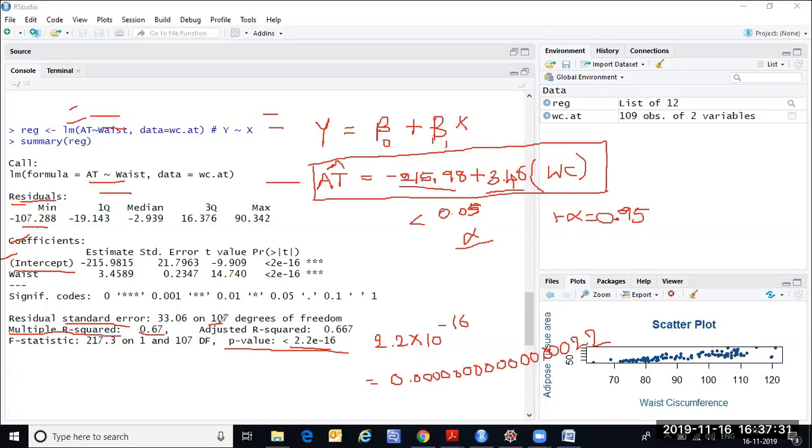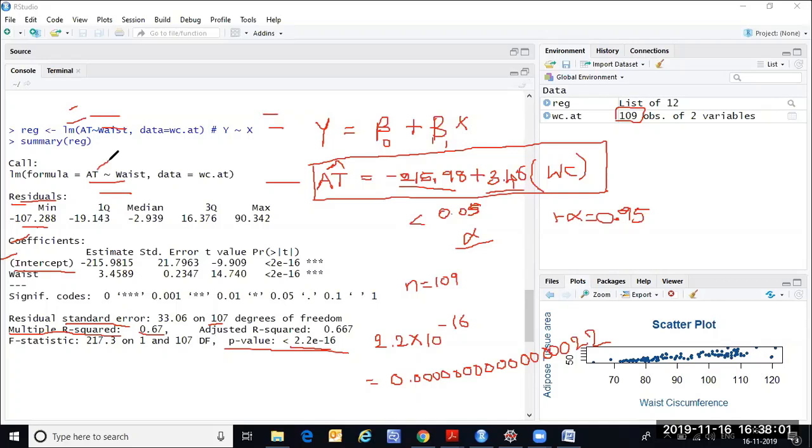Why is it 107, the degrees of freedom here? In the original data, what is the number of observations that we have loaded? 109. So your sample size n equals 109. Out of it, take out both adipose tissue.